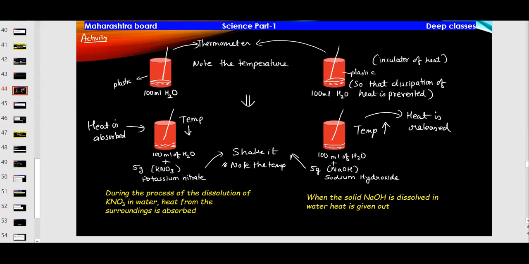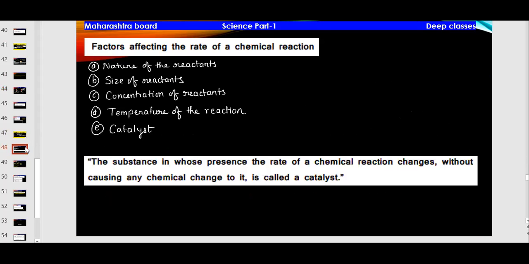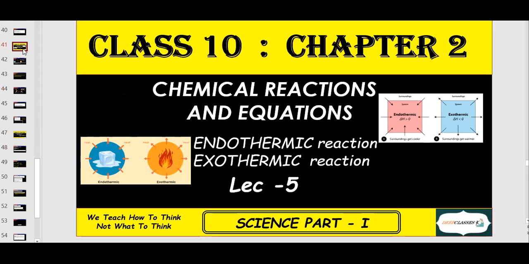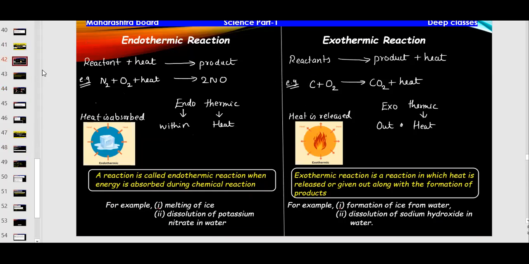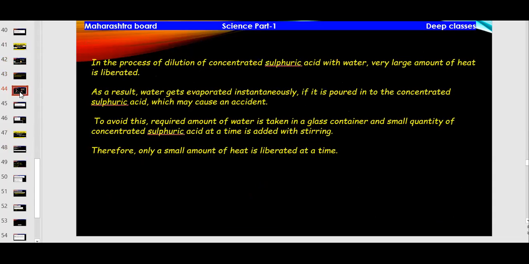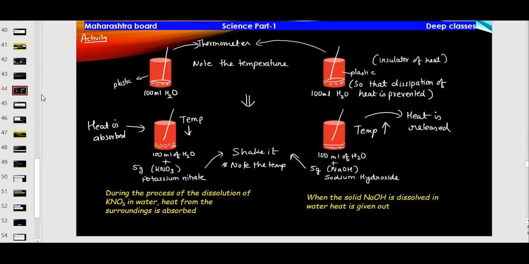Can you tell me which is the endothermic and which is the exothermic reaction here? In the previous slide, we learned that endothermic means heat is absorbed, and exothermic means heat is released. So the reaction where heat is absorbed is endothermic, and where heat is released is exothermic.